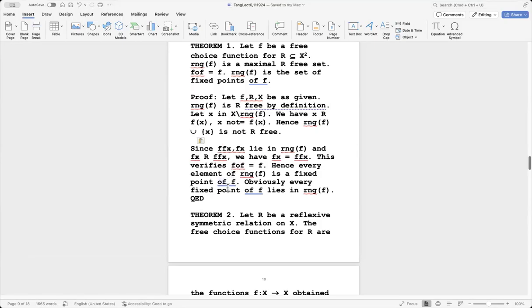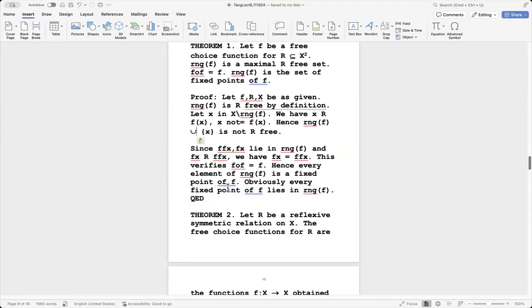Now, since F of F of X and F of X lie in range F, and F of X is related to F of F of X, we have F of F of X must be equal to F of X by the freeness of range.